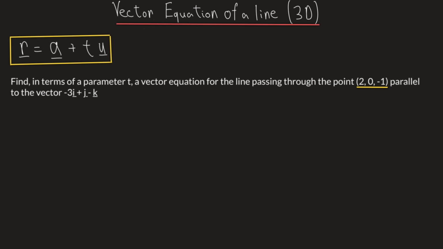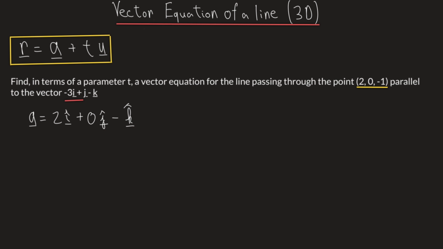Because we know that we can associate any point with the vector which has the same coordinates as that point. And therefore, we have our position vector a, which in vector form can be written out as 2 in the i hat direction plus 0 in the j hat direction. I'll write it down here, but we don't need to write it in general. Minus k, so minus 1 times the unit vector k.